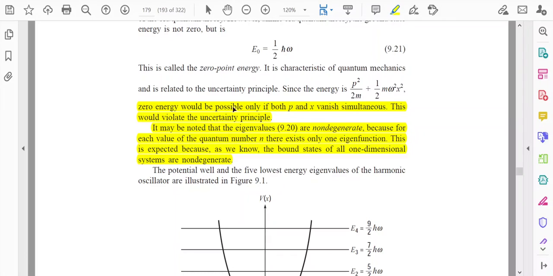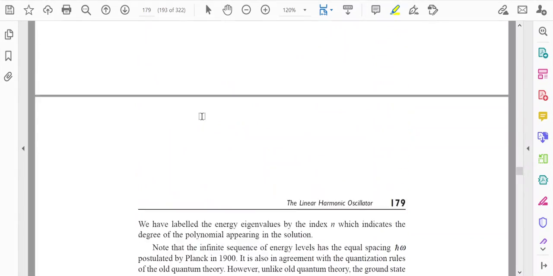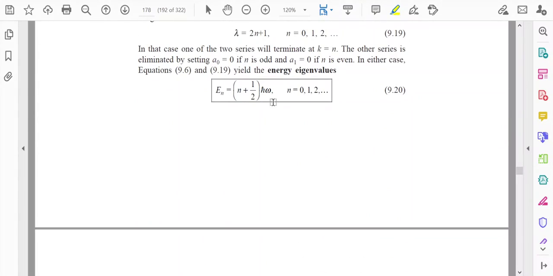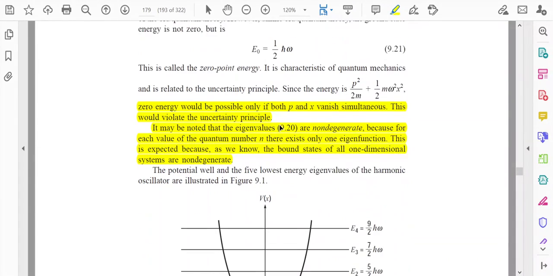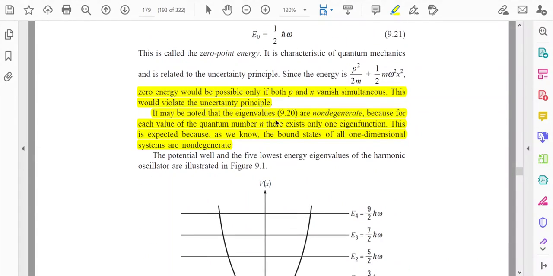Another important thing to note is that E_n is equal to (n plus half) times h cut omega, where n is equal to 0, 1, 2. From this expression we can also say that the eigenvalues are non-degenerate. Why? Because for each value of the quantum number n, there is a particular eigenfunction and a particular value of the energy.